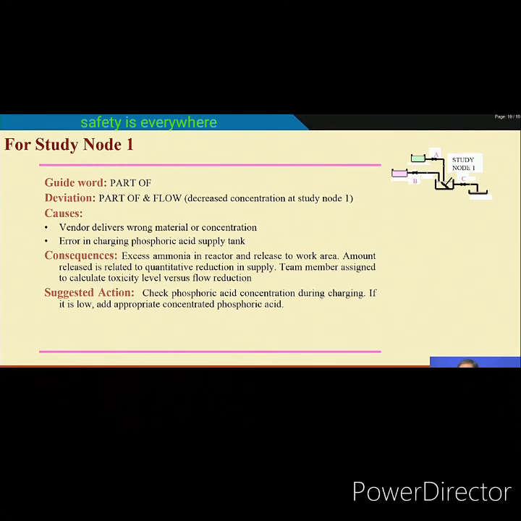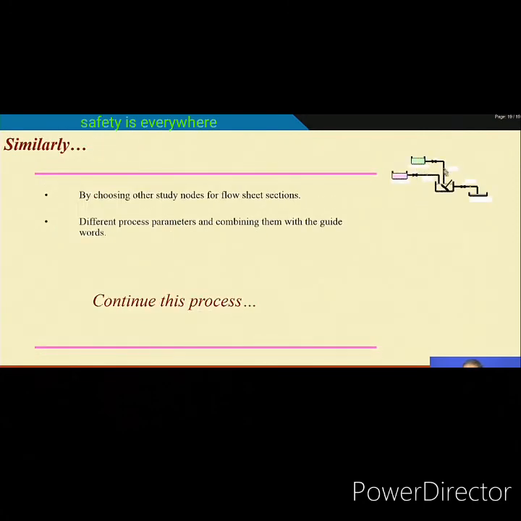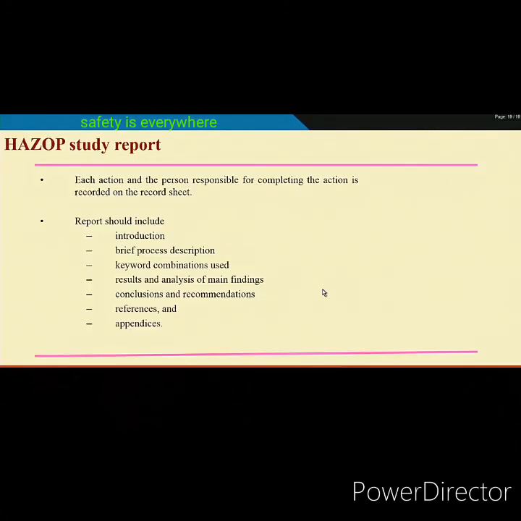The team will do it. Then finally, what you will do, once you finish node 1, go to node 2, node 3. So all the study nodes will be completed for a particular section, then the next section, like the entire system, all study nodes will be completed, and you will have an exhaustive list of deviations, and then it is the documentation.